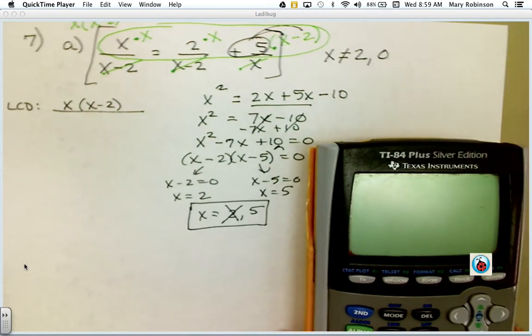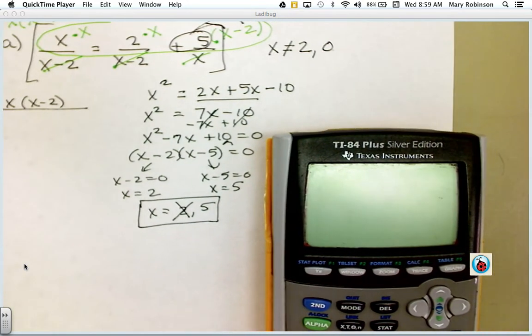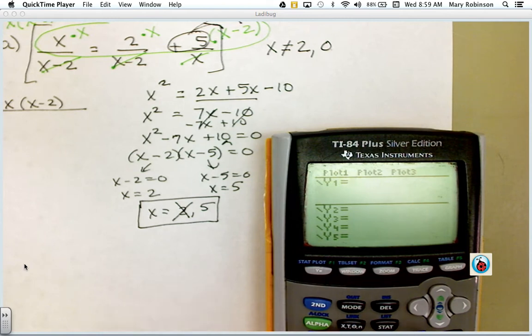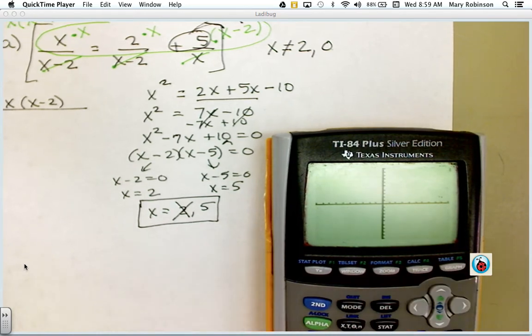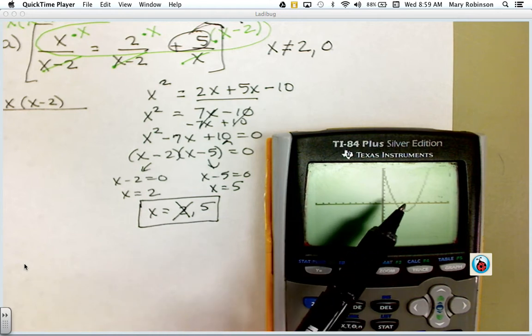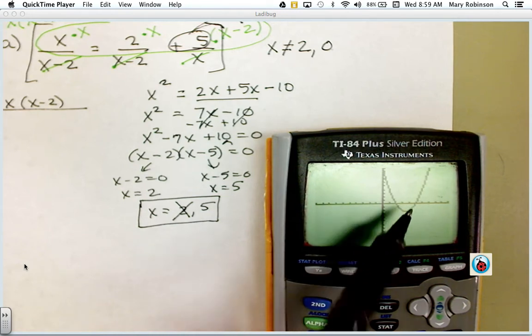Now, if you have trouble with factoring, please remember that as long as you can set the equation equal to 0, you can use your calculator probably to find those intercepts. So if we have x squared minus 7x plus 10, and we graph it, we can see that it crosses at 2 and 5.